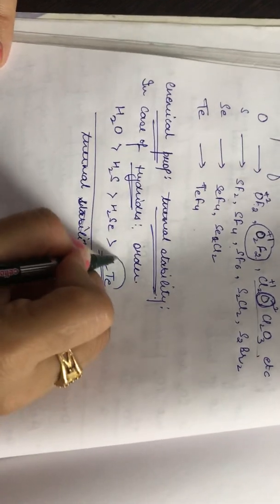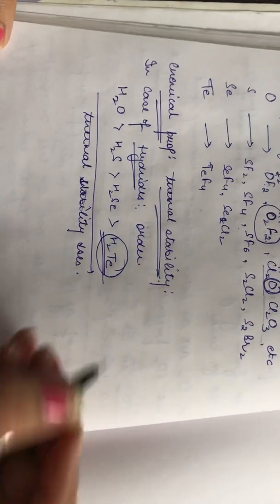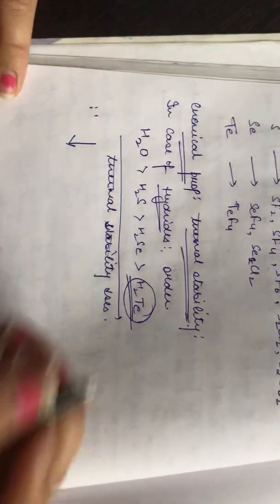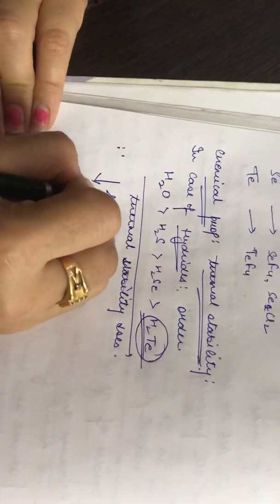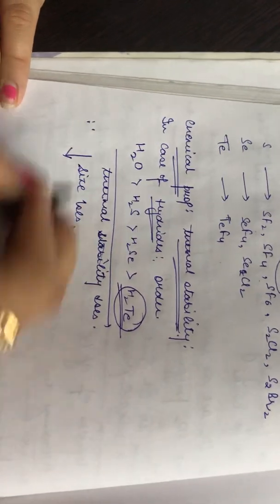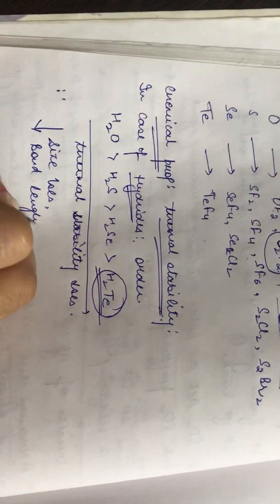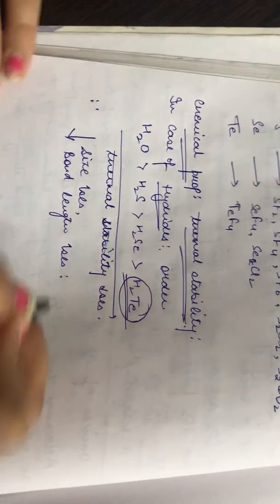In case of hydride of tellurium, same reason: on moving down the group, size increases, bond length increases.